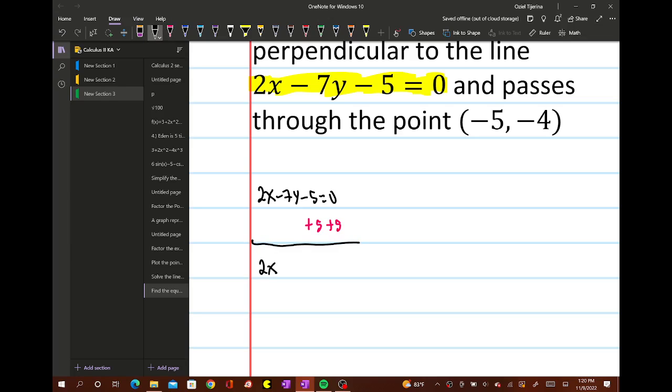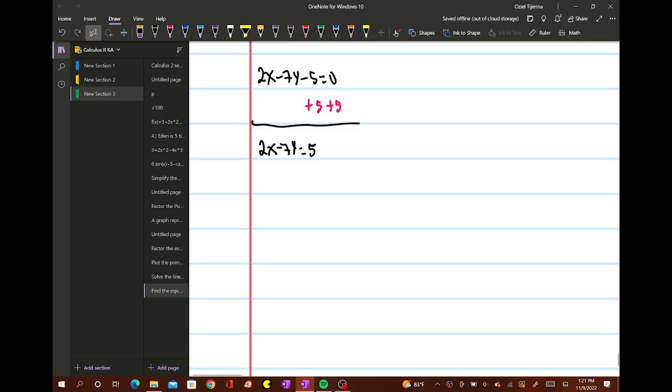That gives you 2x minus 7y equals 5. Then you subtract 2x on both sides, so you get negative 7y equals, and we can say either 5 minus 2x or negative 2x plus 5. I'm going to do negative 2x plus 5. Then you divide both sides by negative 7.